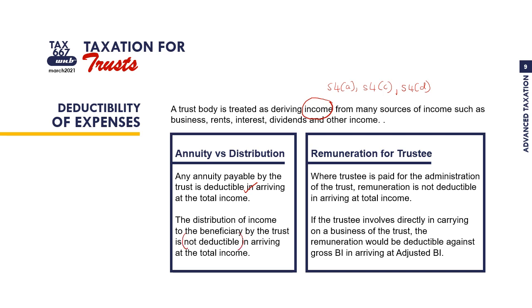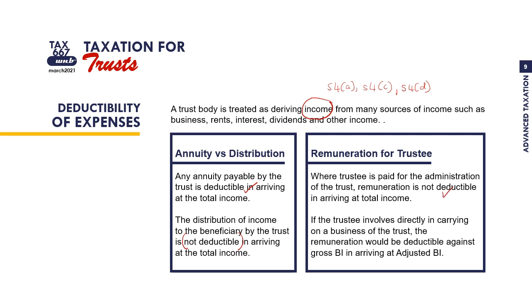Another thing that you need to remember is the remuneration for trustees, the salary paid to the trustees. Where the trustee is paid for the administration of the trust, his remuneration is not deductible.